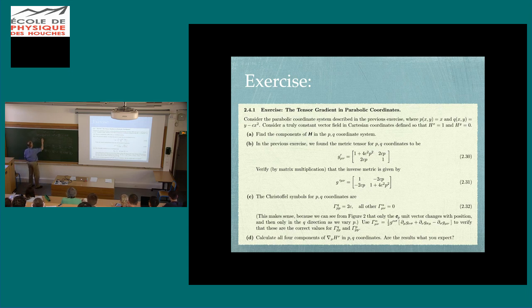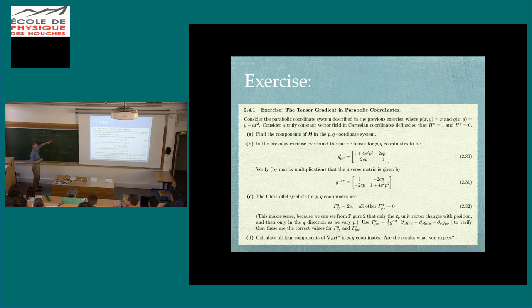What would that be? I'm going to take the ordinary derivative of HP, and then add the Christoffel symbol for p with mu, times h mu in the PQ coordinate system.